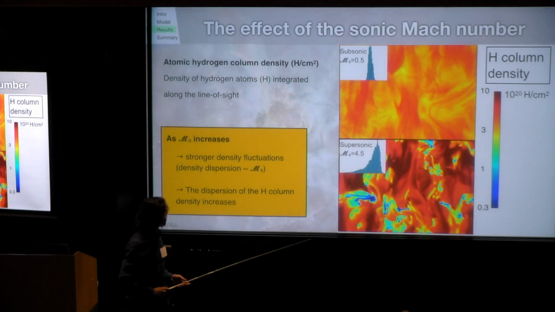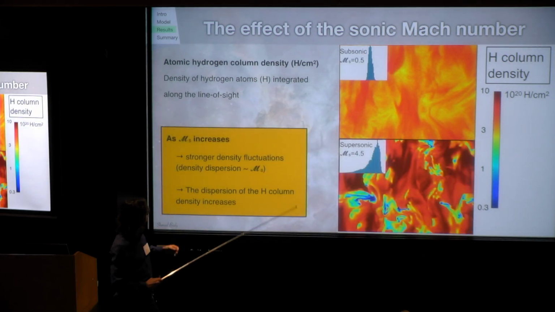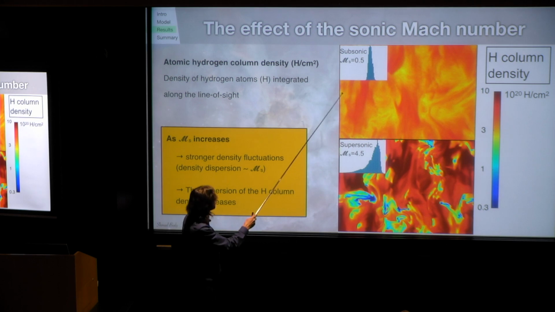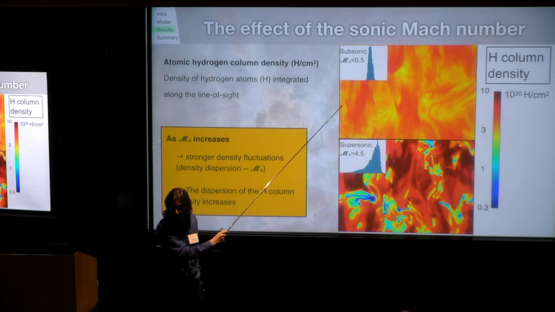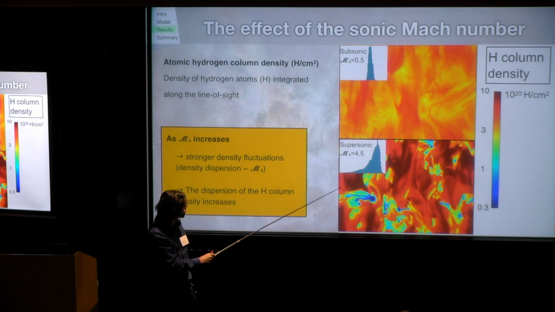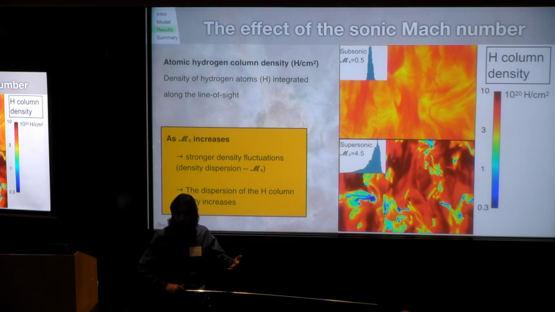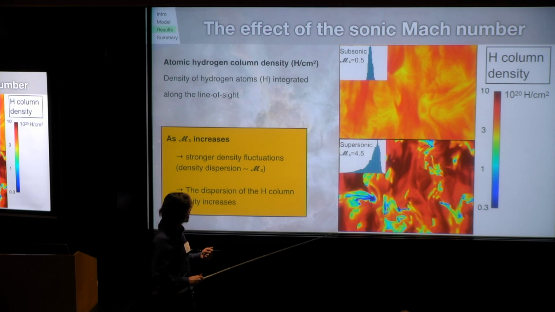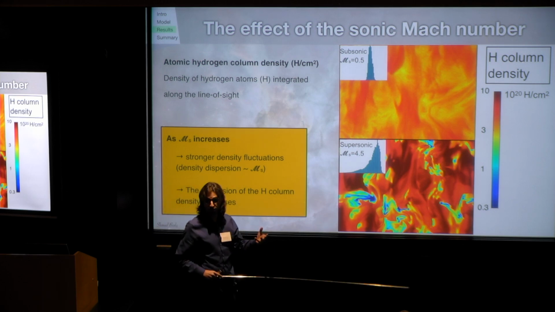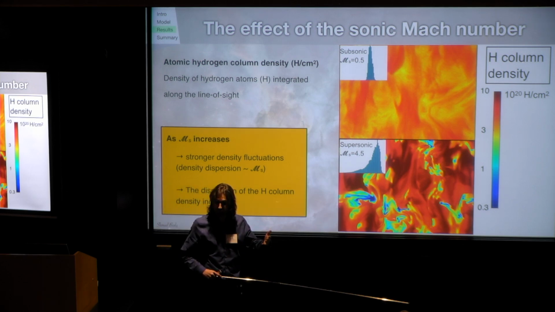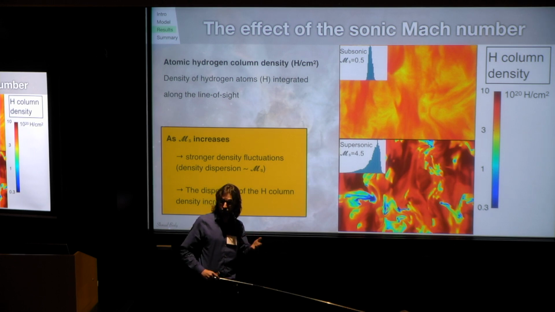Now, what happens when we change the Mach number? What I showed before was a sonic Mach number of half, so that's pressure dominated. Now, when we go to supersonic turbulence, density fluctuations really develop, and the turbulence becomes compressible. As a result, we also have fluctuations in the abundance of H, atomic hydrogen, and H2.